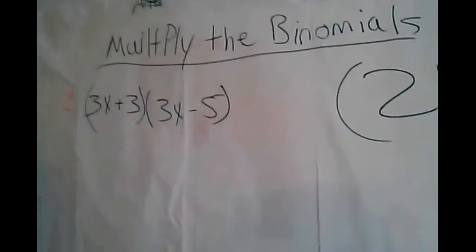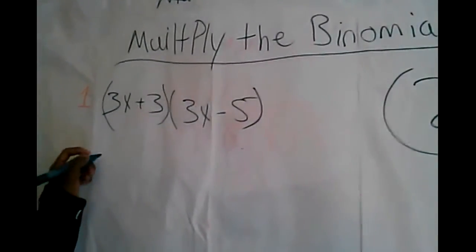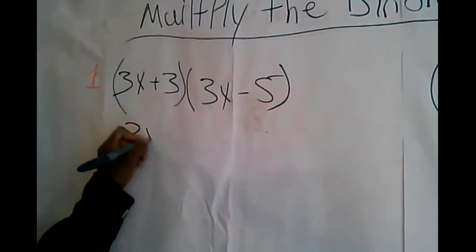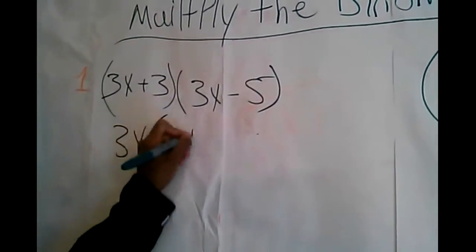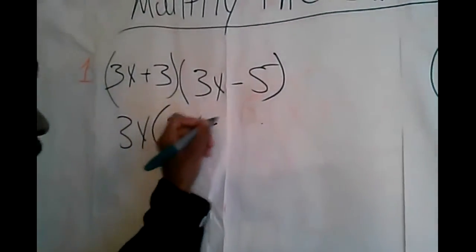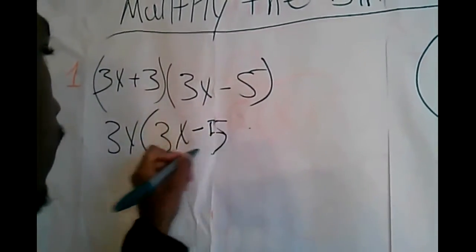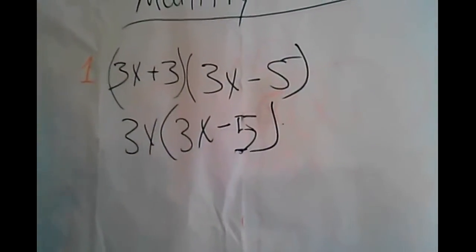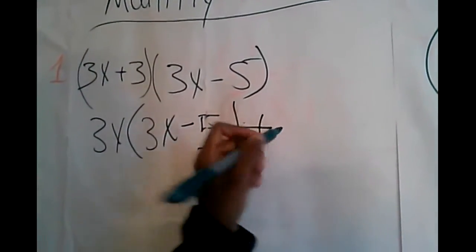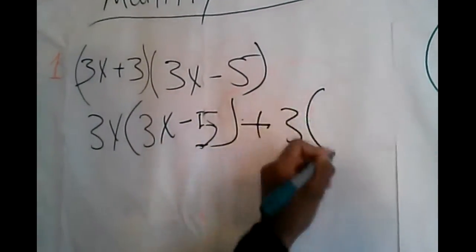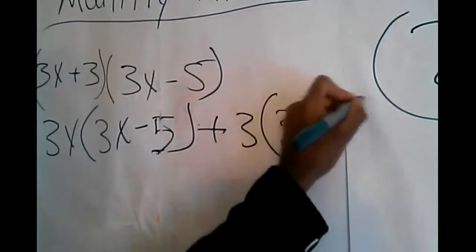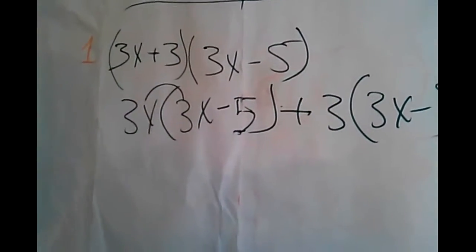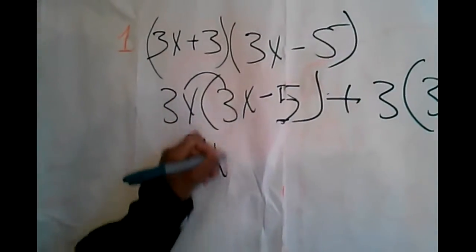This is multiplying binomials. Alright, for number 1, we factor out the binomials. So 3x times 3x is 9x squared.